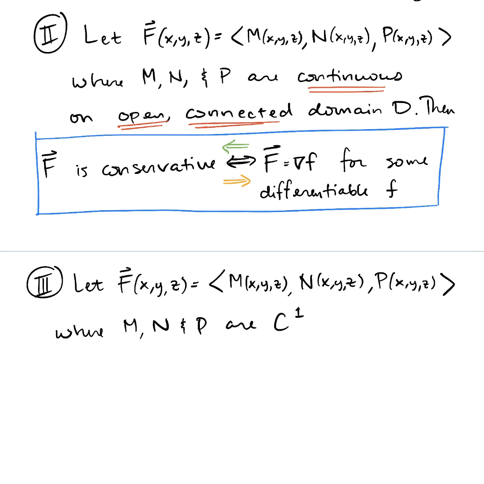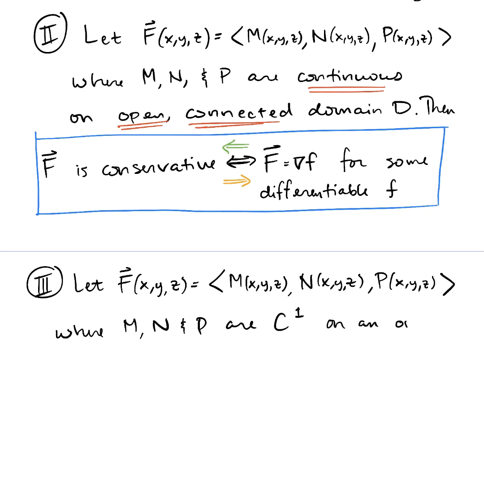Now C1 is just math shorthand for all of their first partials needing to be continuous. So dM dx, dM dy, dM dz, dN dx, dN dy, dN dz, dP dx, dP dy, dP dz, all of those need to be continuous. That's what C1 means.